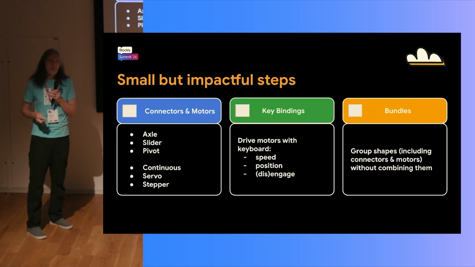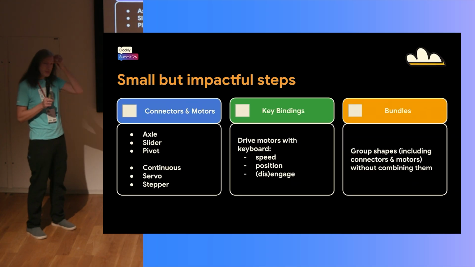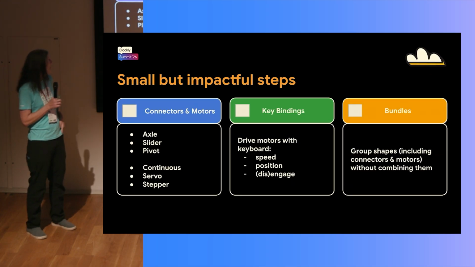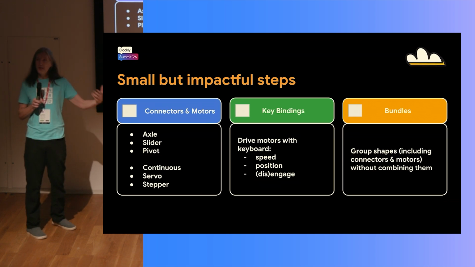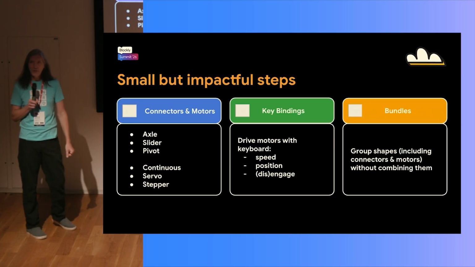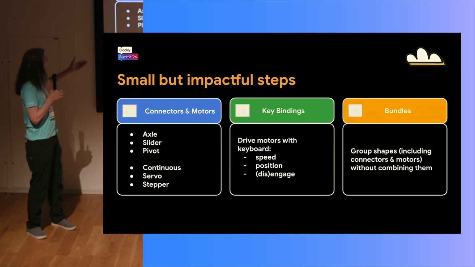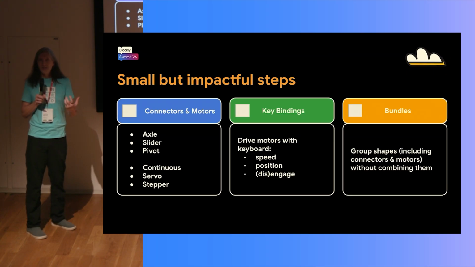We've been thinking about how to incorporate robotics into our product for a long time, and we've been taking some small but impactful steps along the way. Each of these is a feature in and of itself, standalone, but really gets us to the point that robotics can work. We've added connectors and motors, so not just things falling down because of gravity.